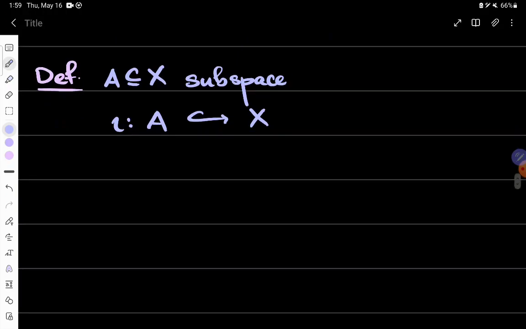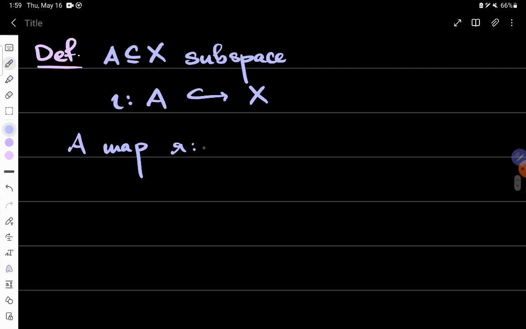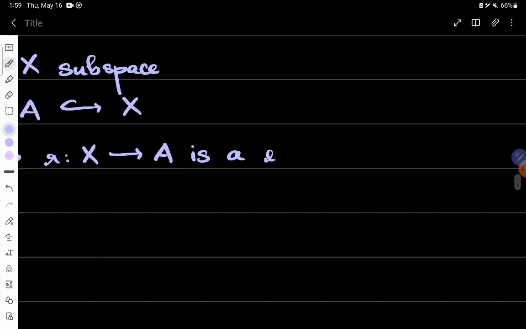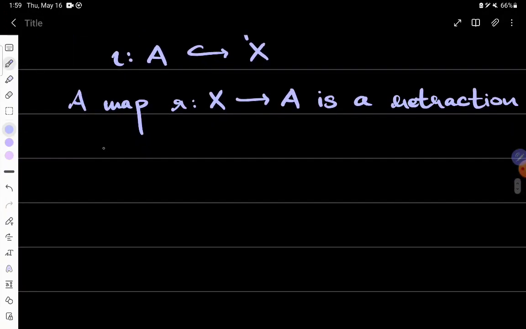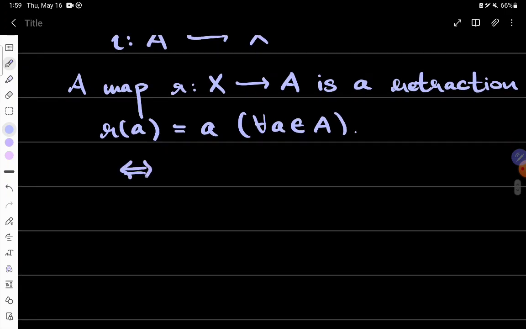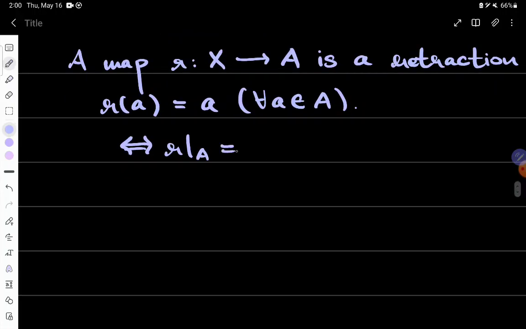Then a map R from X to A is a retraction if R of a equals a for all a in A. So equivalently, if we restrict R as a map to A, this is just the identity.